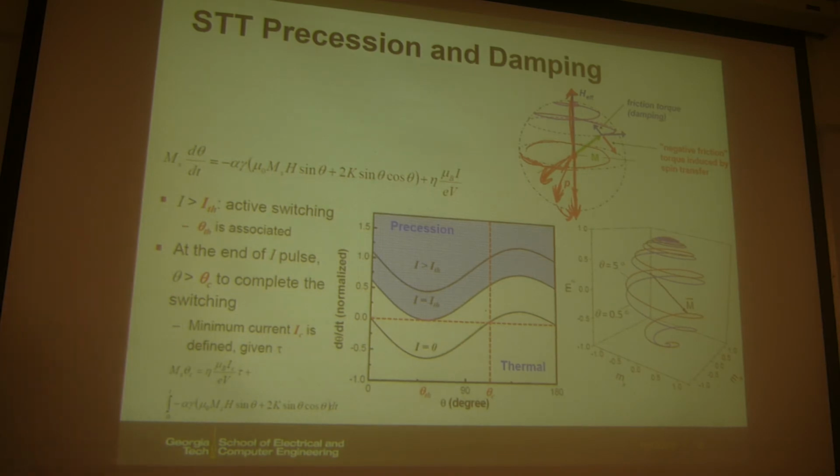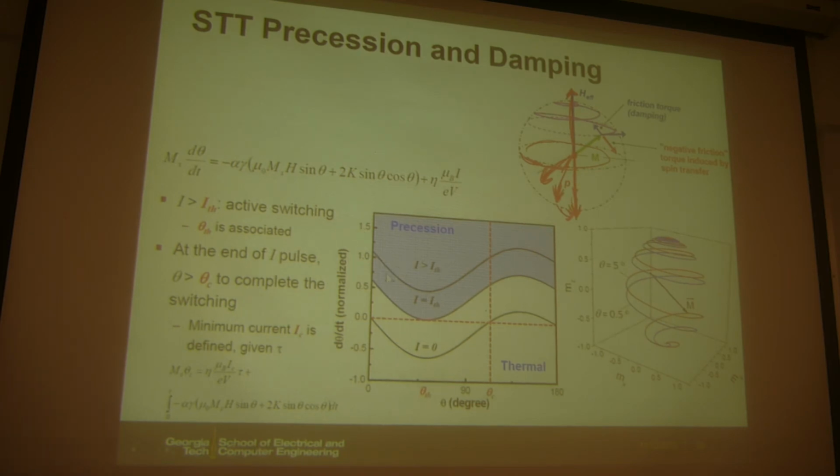So for this kind of phenomenon, what kind of memory do you think is similar to this? Any idea? We talked about that before. SRAM, right? If you recall SRAM, the butterfly curve, right? If you have small noise, then after you remove the noise, it will go back to the original state. If you have enough disturbance, then it will go to the other state. This is exactly the same effect here.